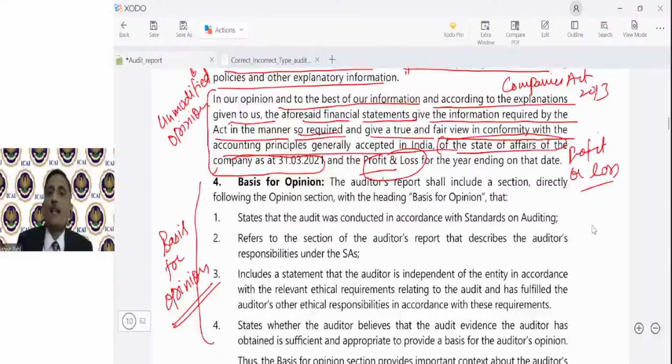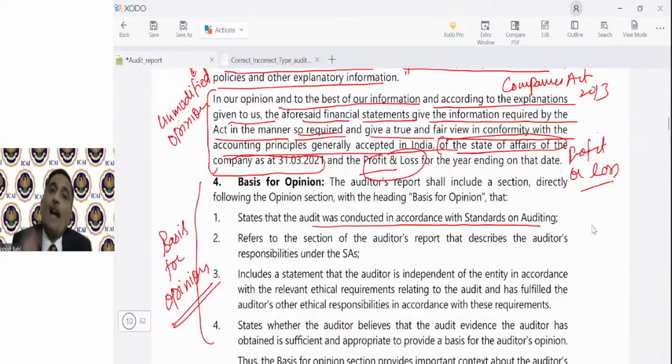So it states that the audit was conducted in accordance with Standards on Auditing. So when I am giving an unmodified opinion, I am saying that I am giving a true and fair opinion, that I am giving an opinion that the financial statements of a company have been prepared in all material respects in accordance with the applicable financial reporting framework.